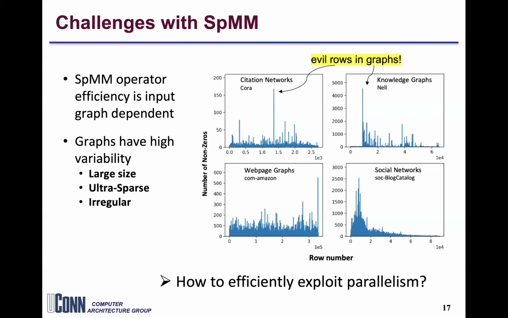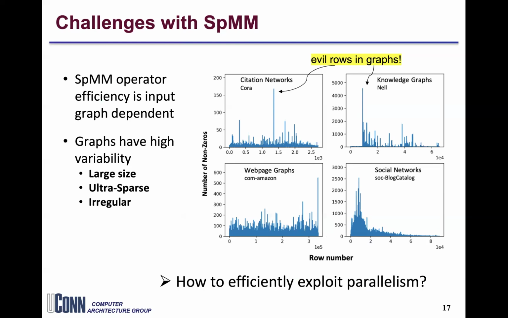They're large size, they're ultra sparse, and the irregularity of the graph translates to structures like this, where you are following these power law behaviors across the node edge connections, right? Where you have some nodes with very few edges connected and some nodes with an evil number of edges connected.